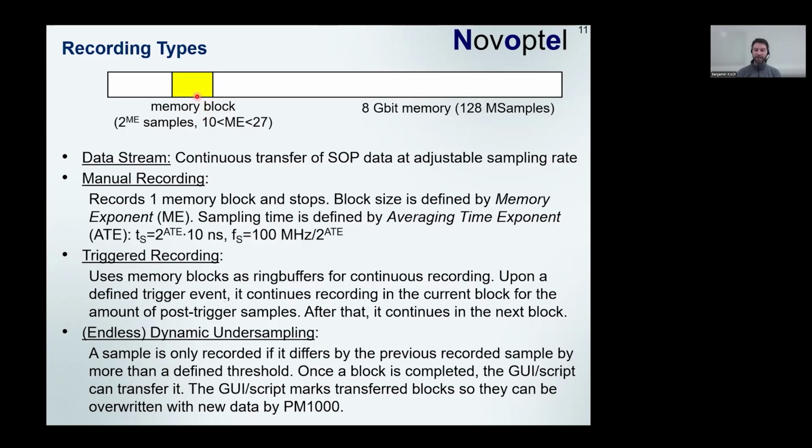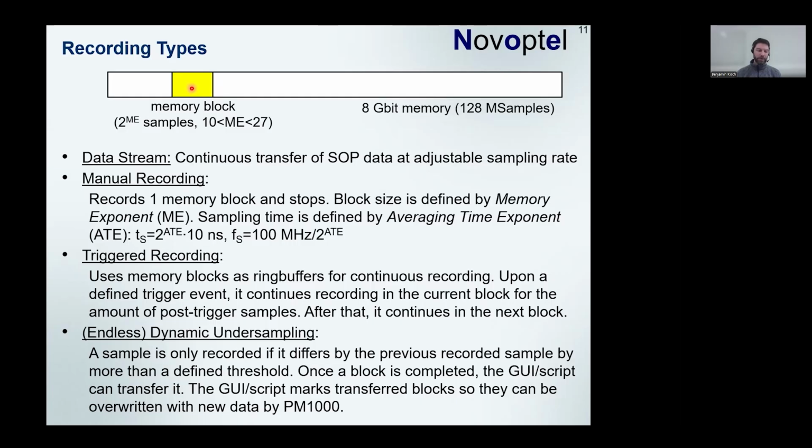Then it is detected as an event, and it will keep on recording post-trigger events and then leave this block and go to the next block. The left block is then transferred by the GUI or by your script to the PC and marked in the polarimeter as transferred, so the polarimeter can overwrite it if other blocks are already recorded and it needs to go on with the cyclic logging.